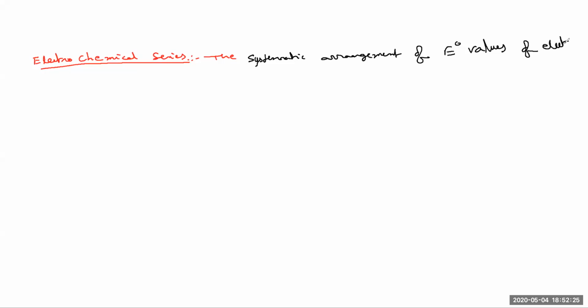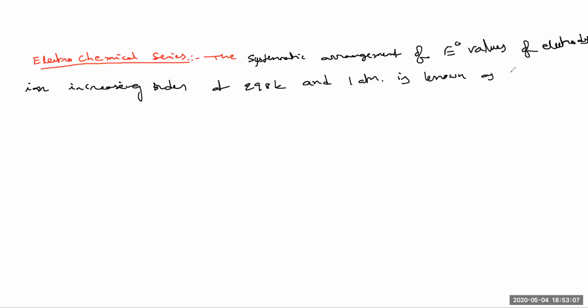E0 means electrode potential. The systematic arrangement of E0 values of electrodes in increasing, ascending order at 298 K and 1 atmosphere is known as the electrochemical series.